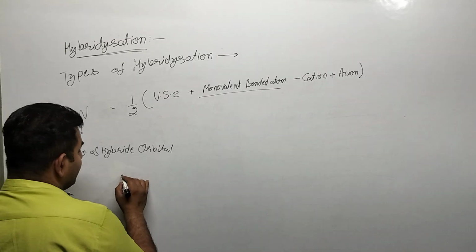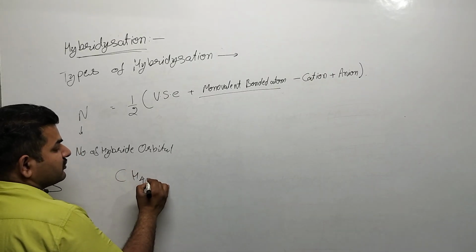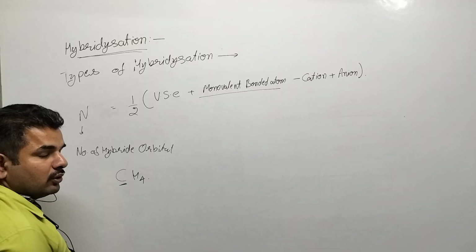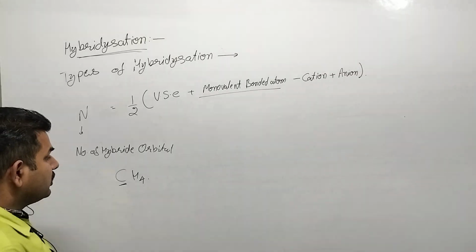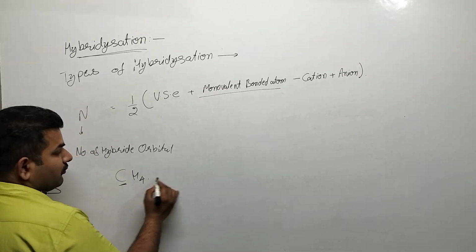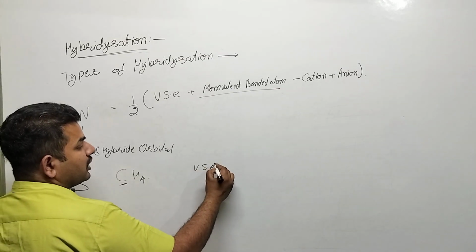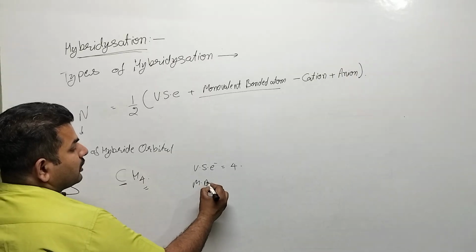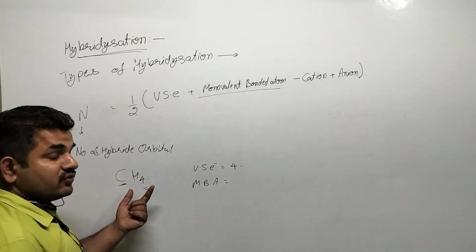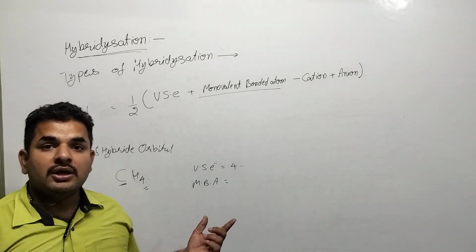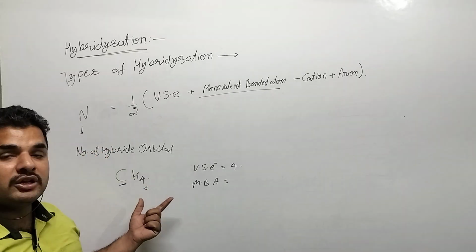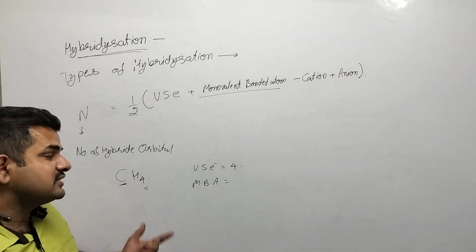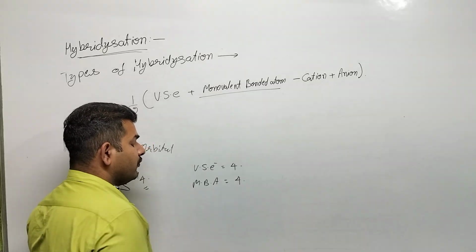Take the example of CH4. We have to find the hybridization of carbon. Carbon has 4 valence shell electrons, and as we know, hydrogen forms only a single bond, so there are 4 monovalent bonded atoms.